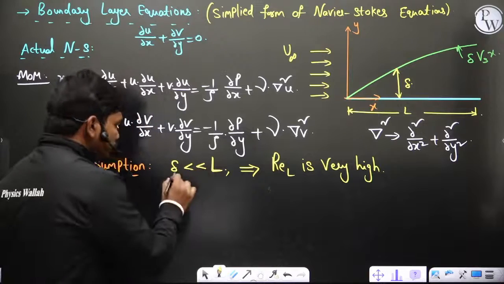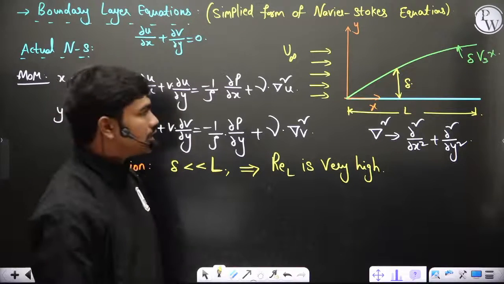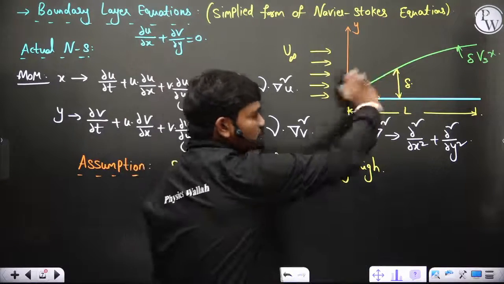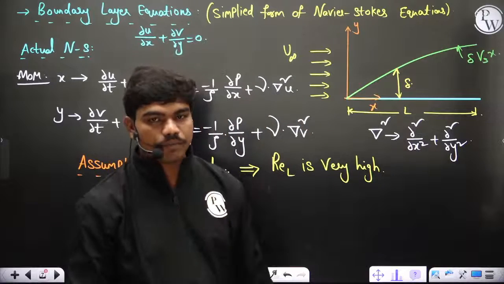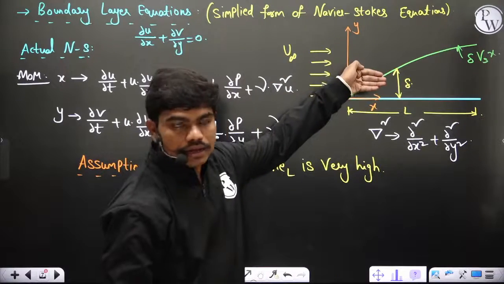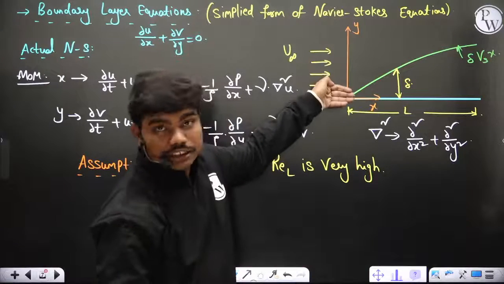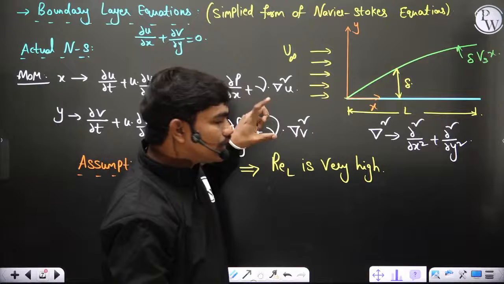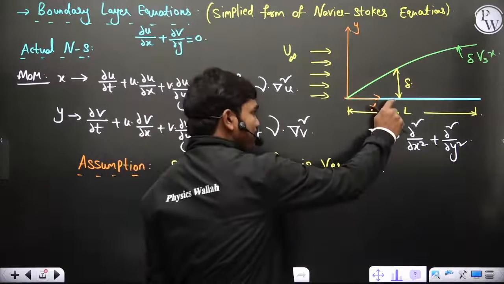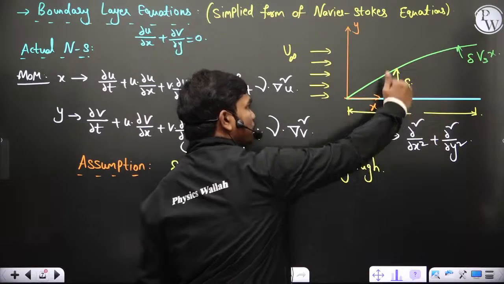See here, when delta is very, very less, try to understand, what is the physical meaning of that? The fluid tries to come into the plate, then there is viscous force and also there is inertia force for the fluid. If delta is very less, that means this plate is not able to show its effect up to larger distances.